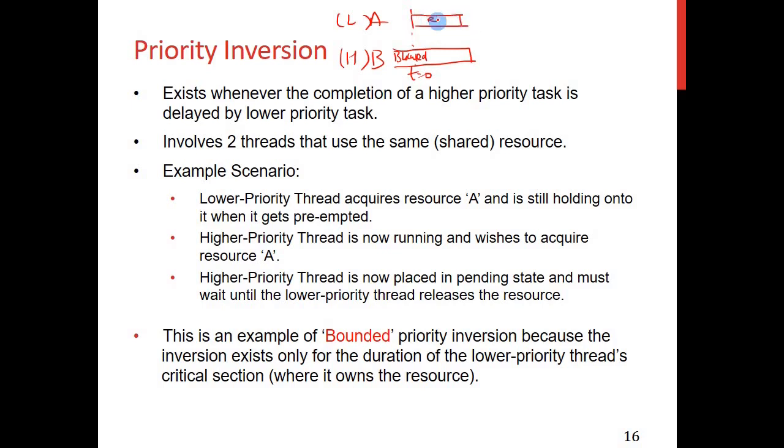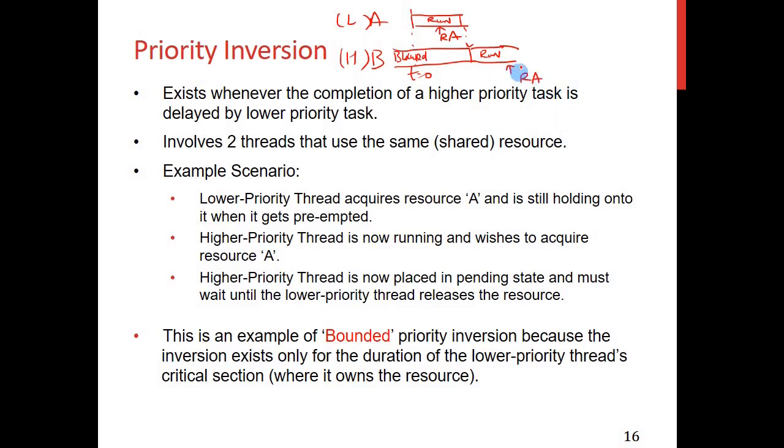During the time where A is running, at this point of time, it goes and acquires resource A. After some time, let's assume that I have a context switch over, and task B starts to run, and at some point of time it tries to acquire the same resource A. What would happen?